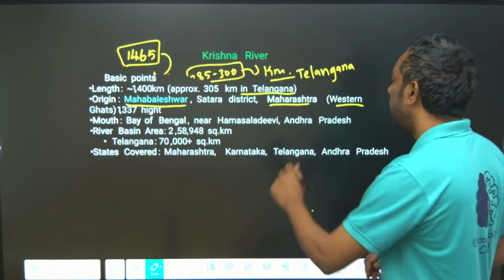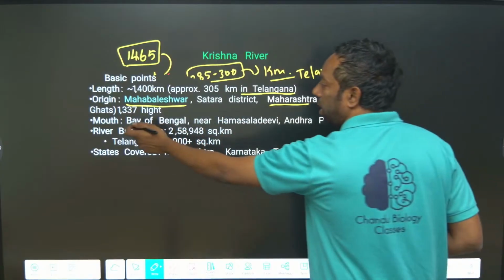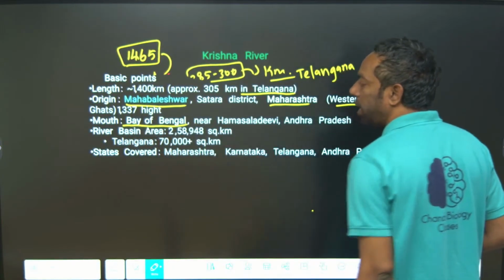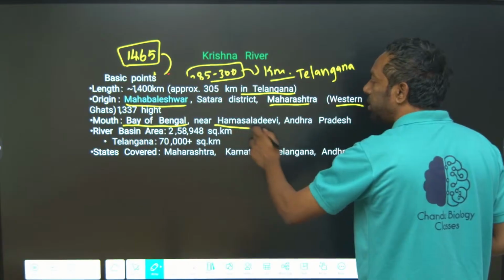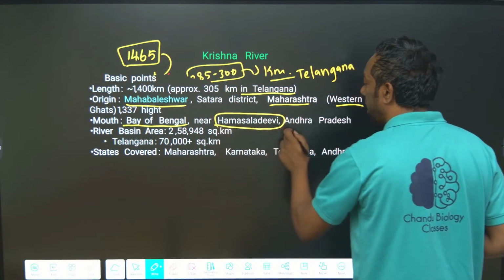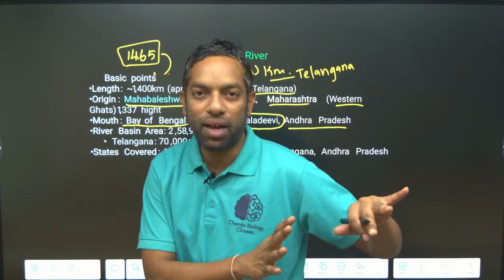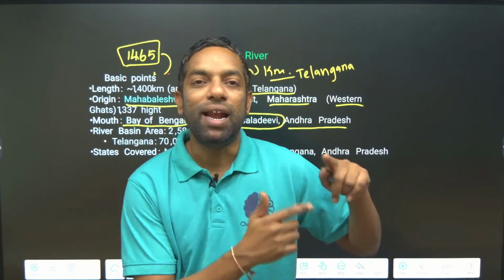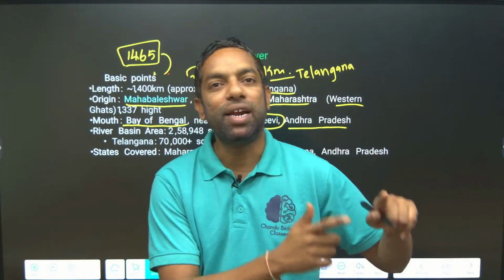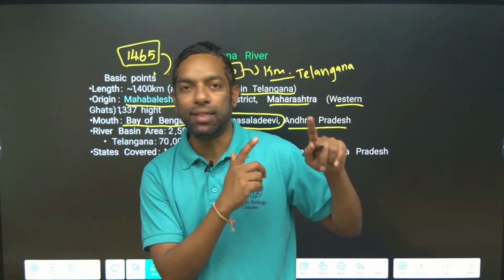It enters the Bay of Bengal at Hamsala Devi in Andhra Pradesh. Finally it reaches the Bay of Bengal, where the final end point of the Krishna River is Hamsala Devi in Andhra Pradesh.